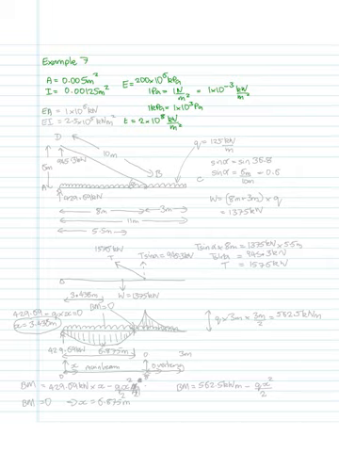So from there we get EA equals 1 times 10 to the 6 kilonewtons, and then EI is going to be equal to 2.5 times 10 to the 5 kilonewtons meter squared.